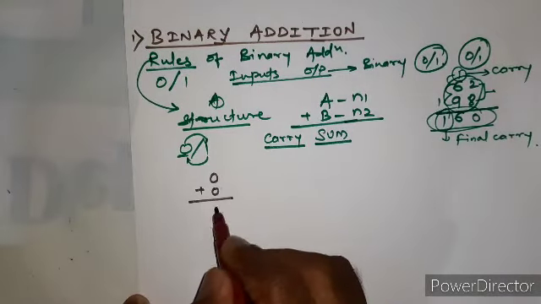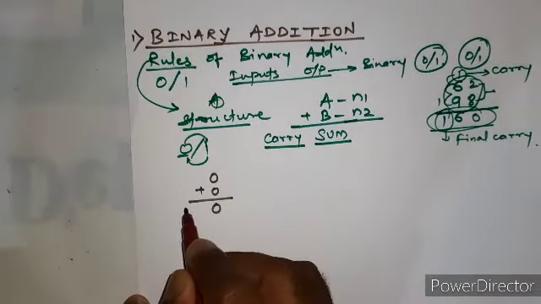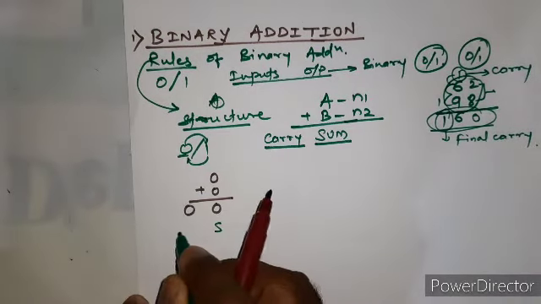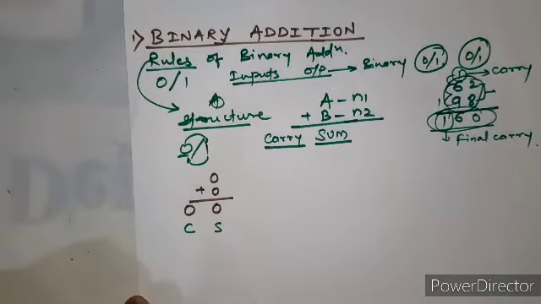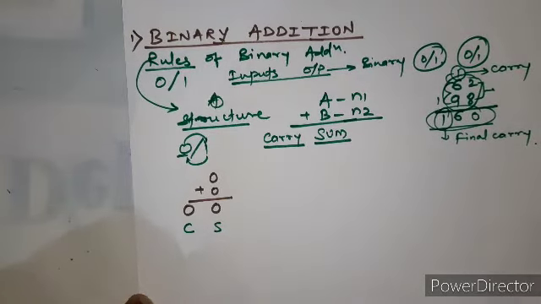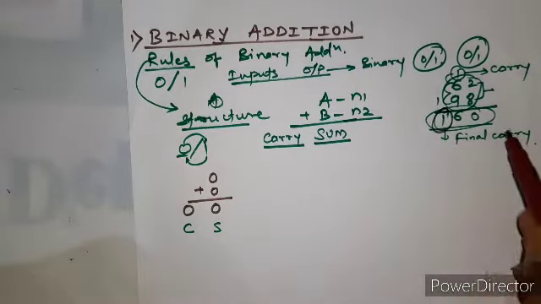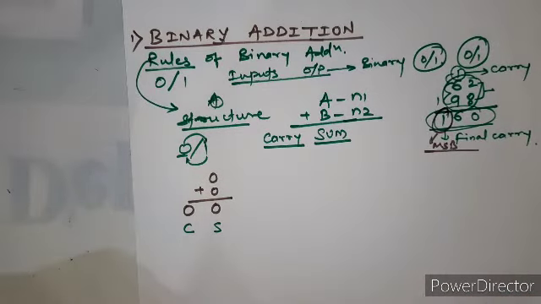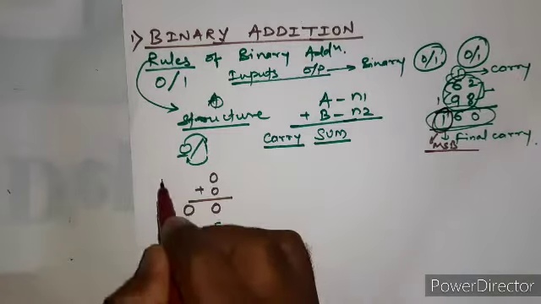So 0 plus 0 is all, sum is 0 and carry is also 0. So this is our sum and this is our carry. Carry is always to the left side, or carry is always MSB, most significant bit. As you can see here, this 1 is MSB, right? So this is first rule.